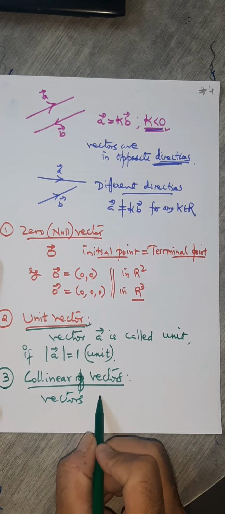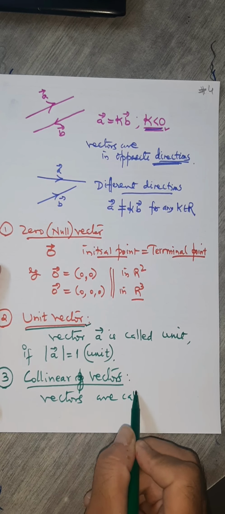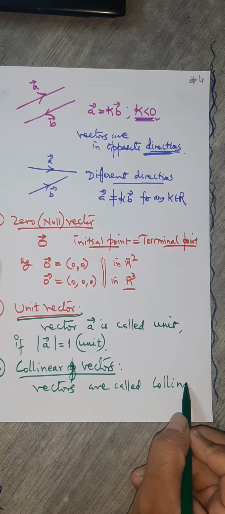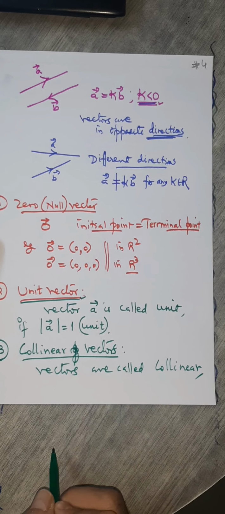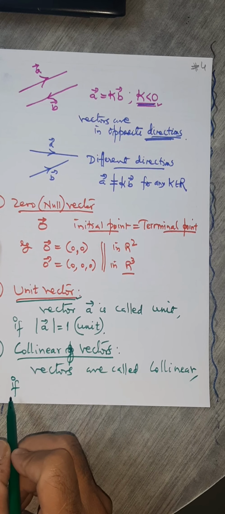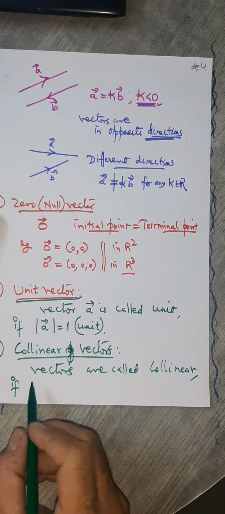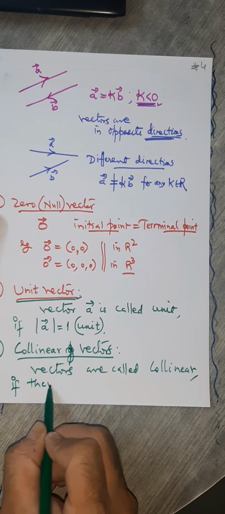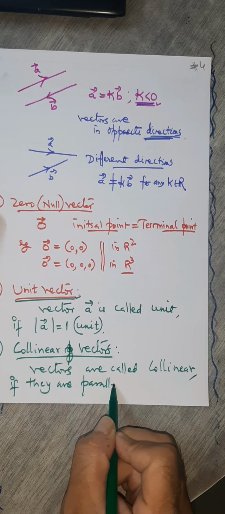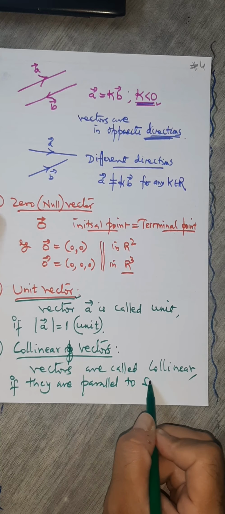Vectors are called collinear if they are parallel to the same line.